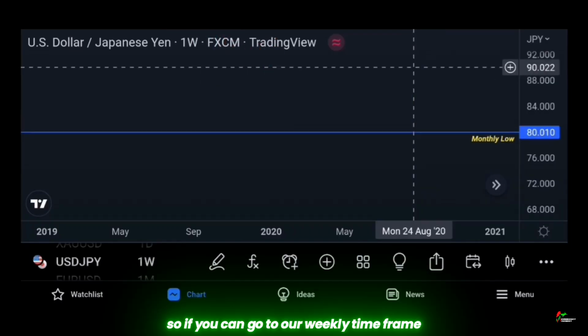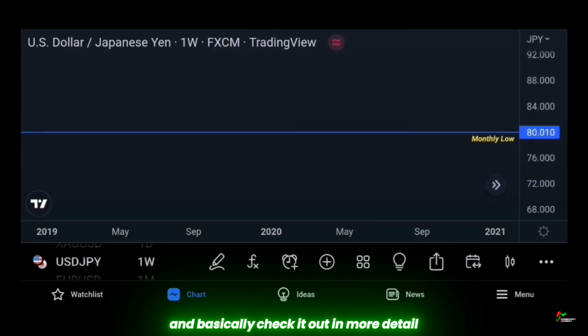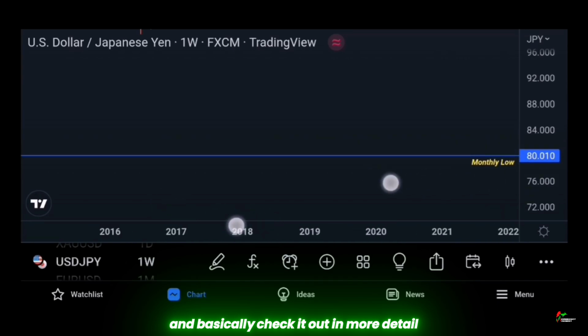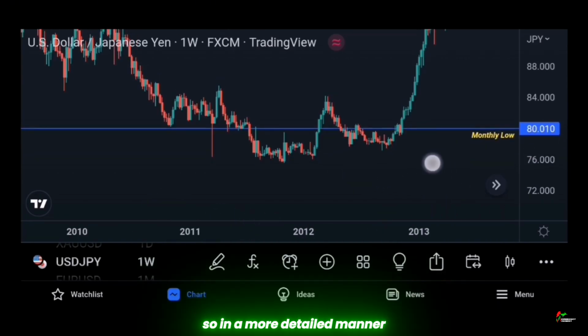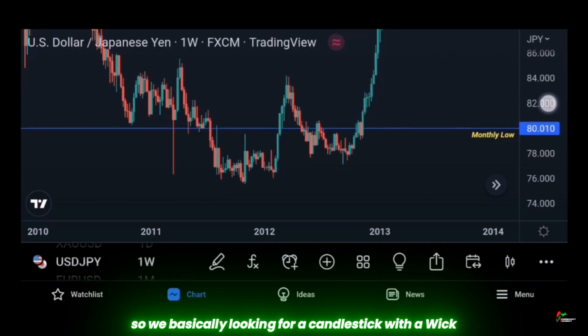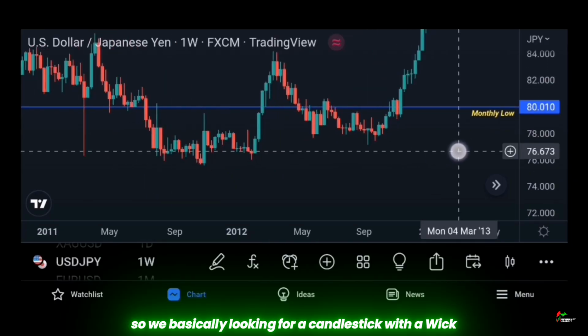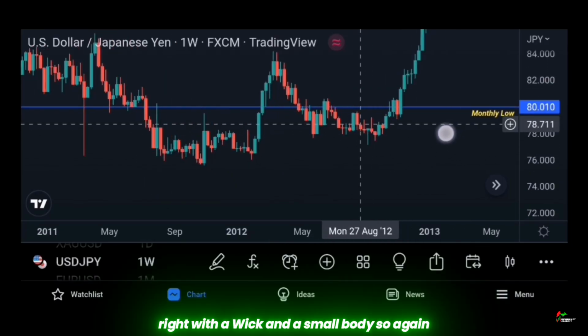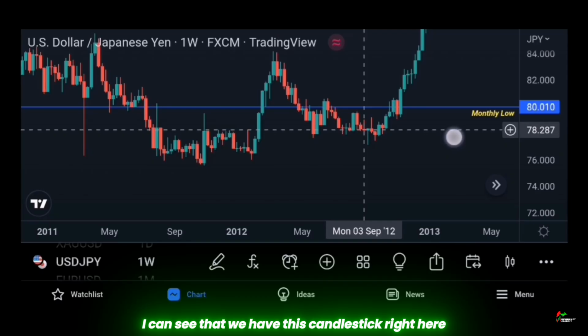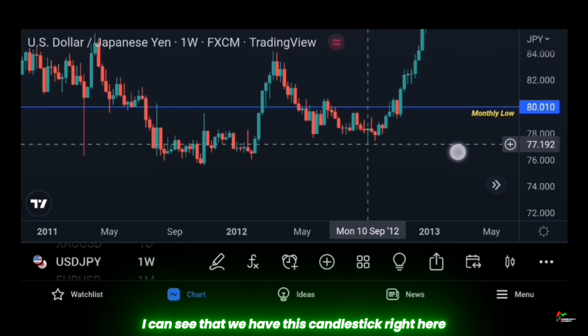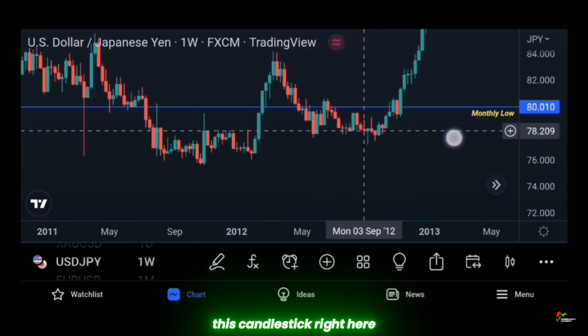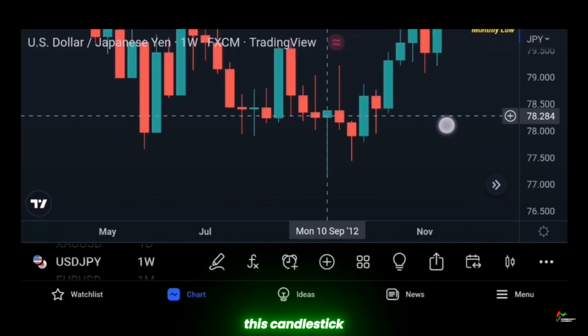So if you go to a weekly time frame and check it out in more detail, we're basically looking for a candlestick with a wick and a small body. Again, I can see that we have this candlestick right here, this candlestick right here, this candlestick.